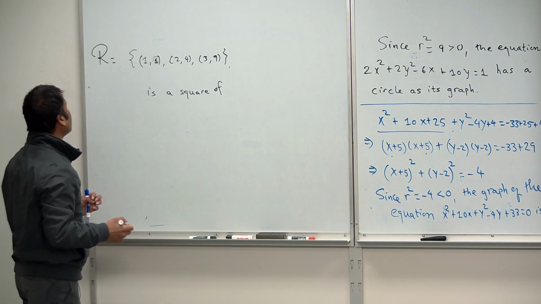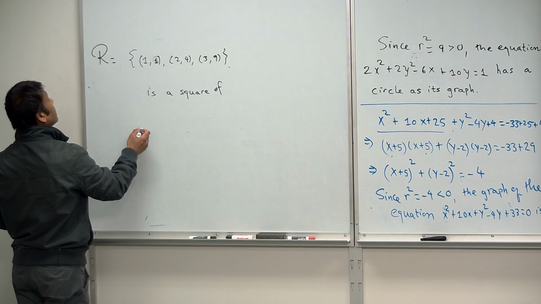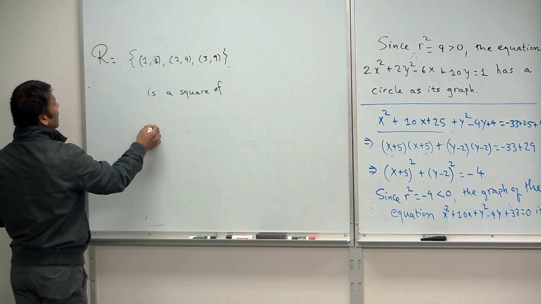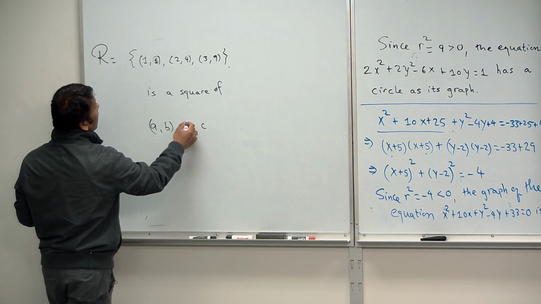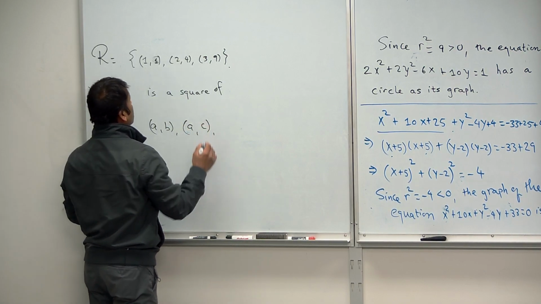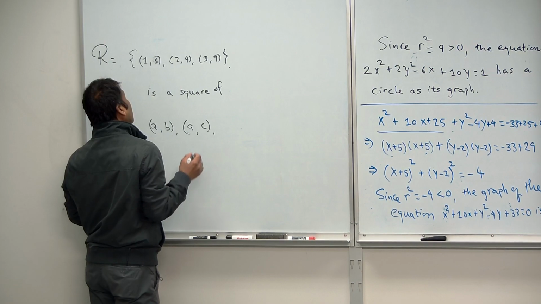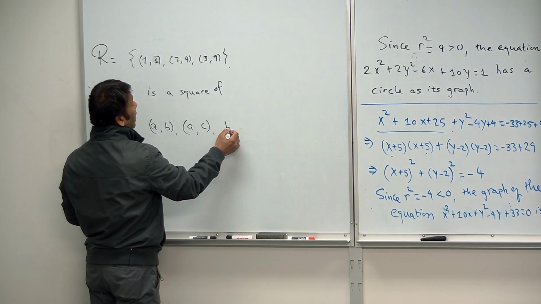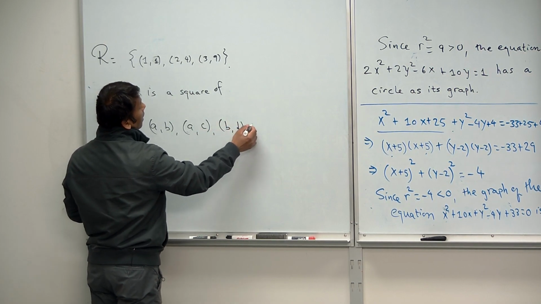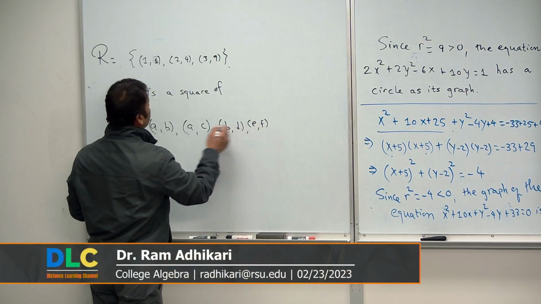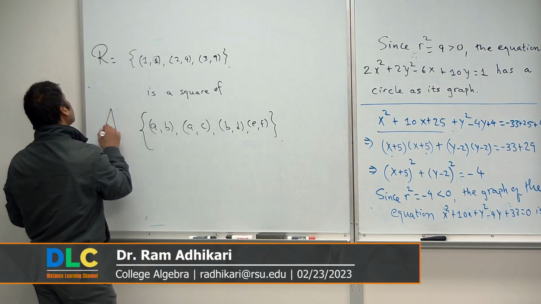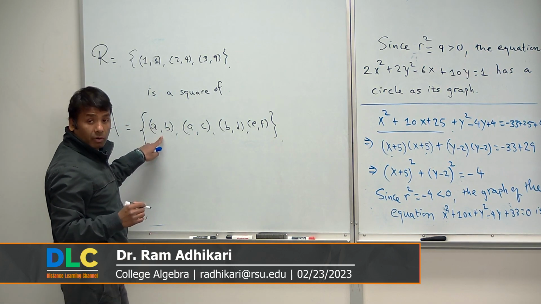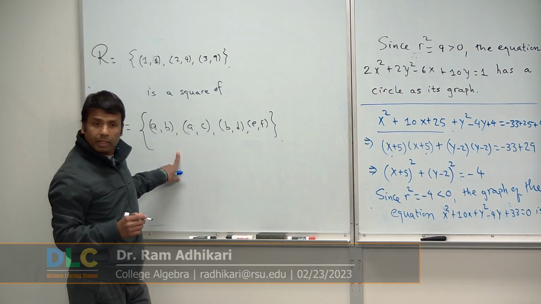But if you have something like this, let's say (a, b), (a, c), (b, d), (e, f), this is a set of ordered pairs. This is a relation.